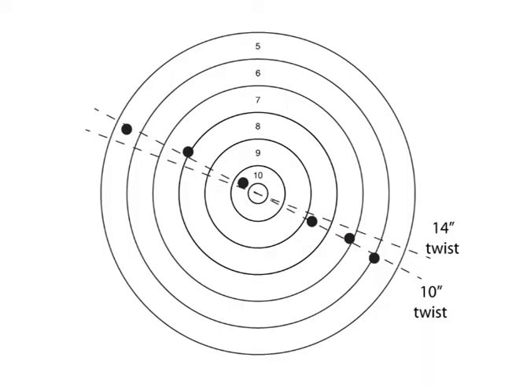The actual degree of twist is critical. If it is too high, the bullet will become unstable, with a consequential loss in accuracy, and with too little spin, the bullet will lose stability and will start to tumble end over end.